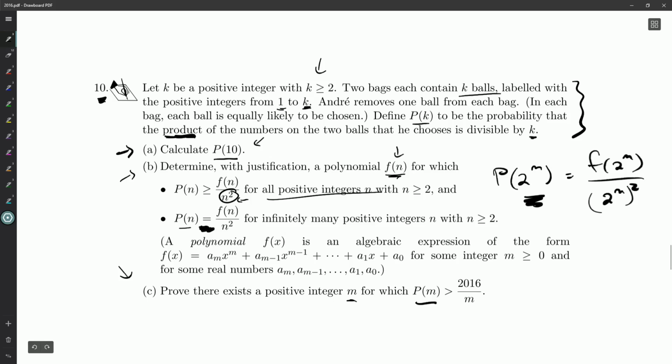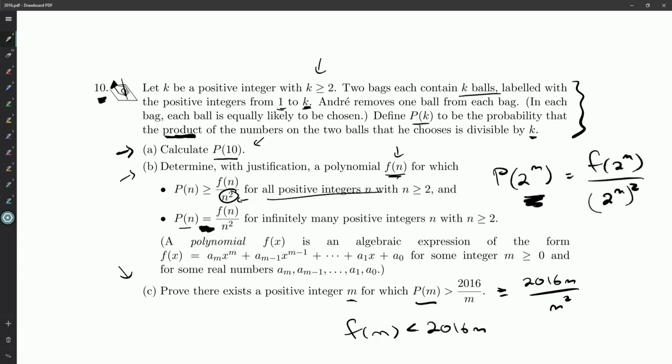This is different than over m squared, so this would be equal to 2016 m over m squared. So, can I ensure that f of m is, I guess, less than 2016 m for some sufficiently large value of m or something like that? I'm not entirely sure where to go with that.